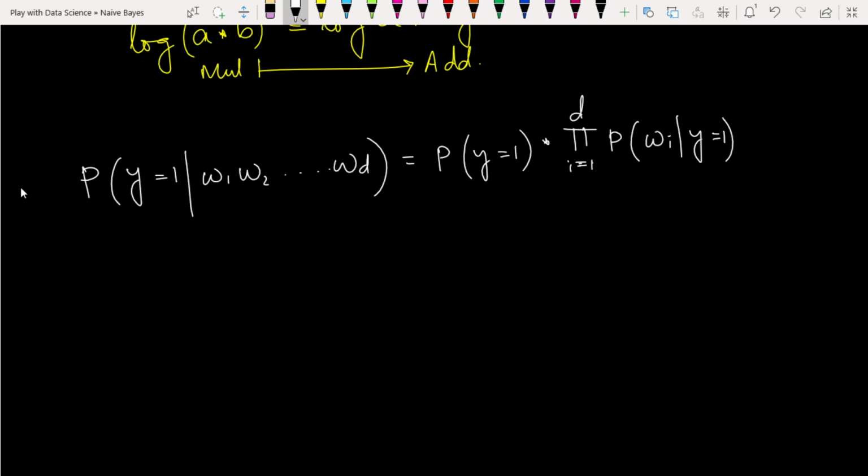This is the probability, and now I am using the logarithm function.